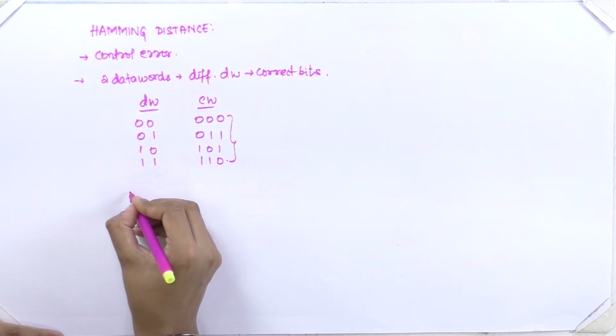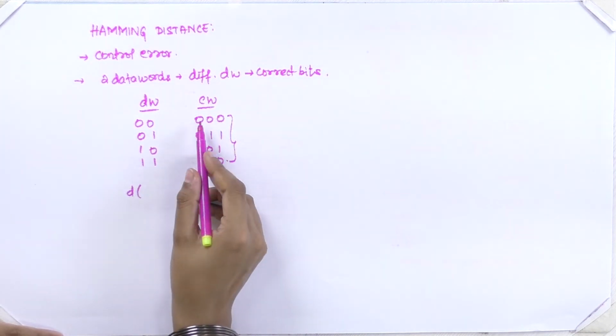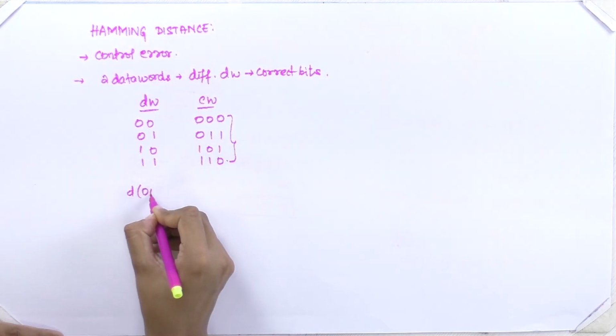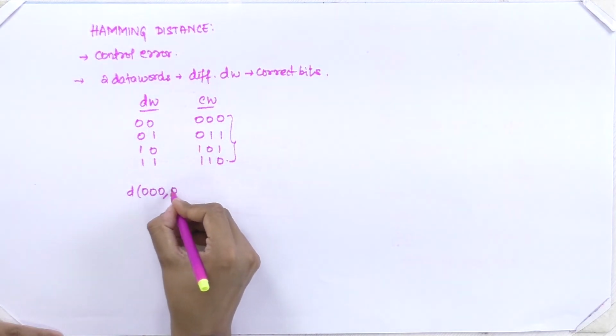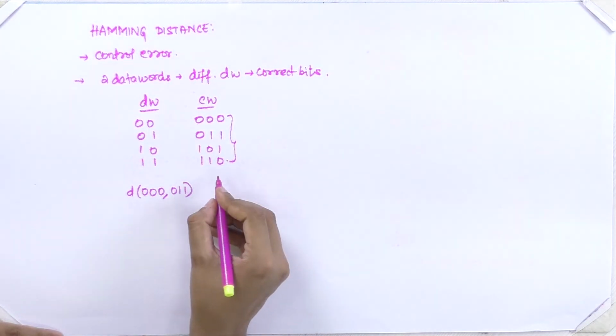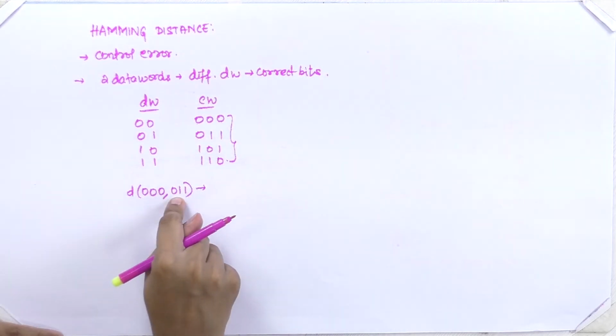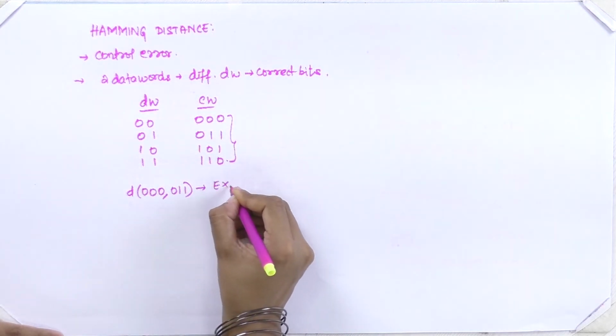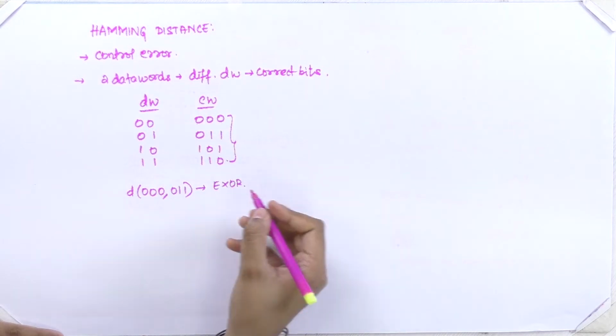That is, the Hamming distance is represented as the distance between your 2 code words, 000 and 011. So how will you find the distance? We make use of an XOR operation.